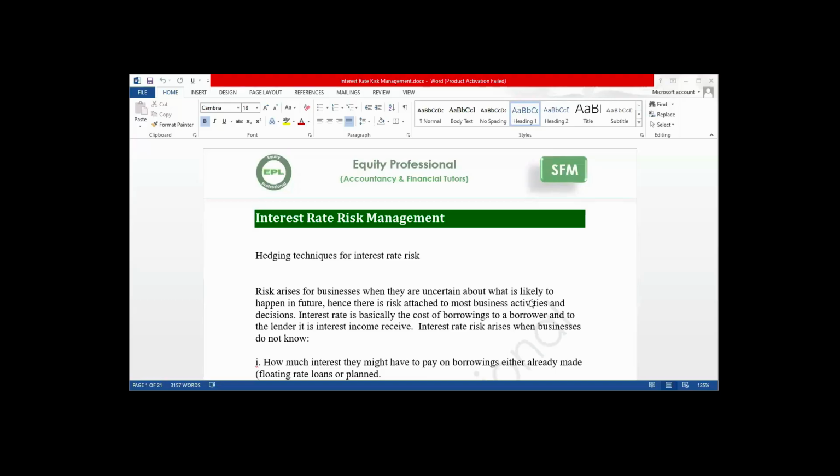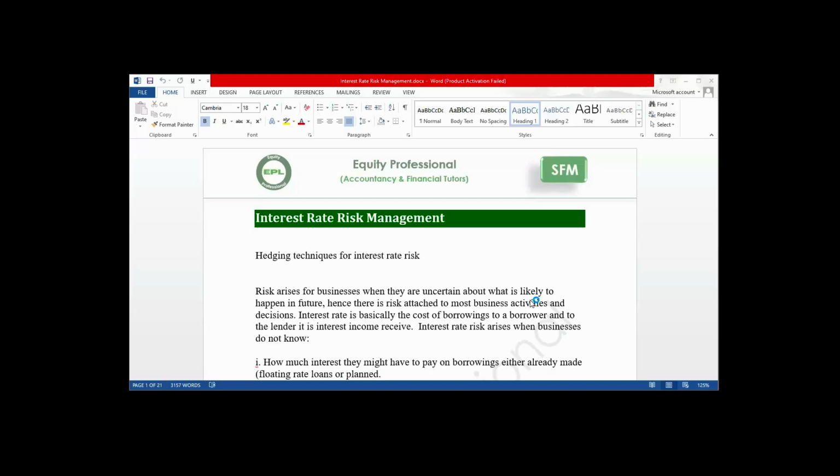We also have floating rates, floating interest rates. That is variable interest rates, whereby the interest rate the borrower pays is not fixed. The interest rate will vary according to the market interest rate.